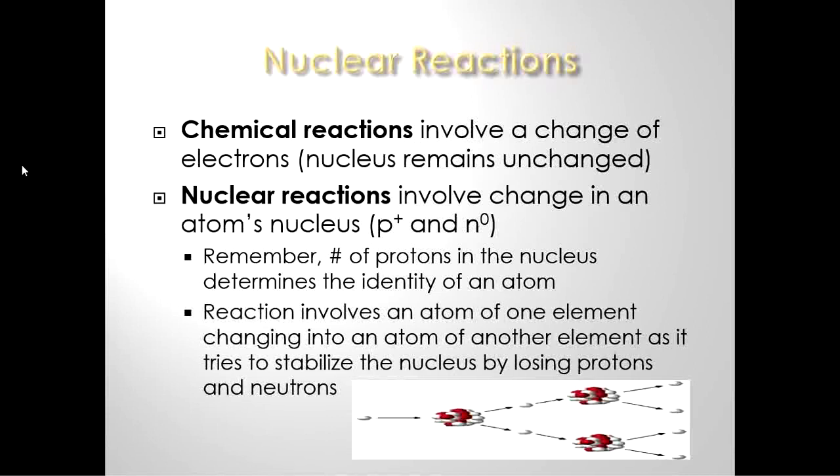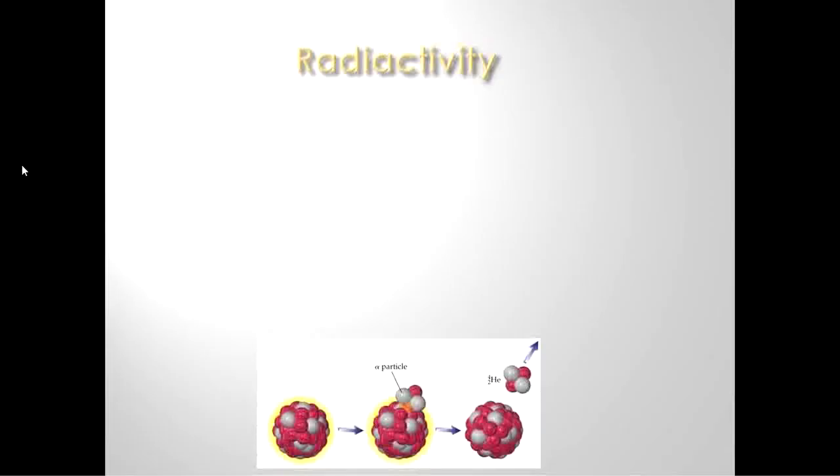And as these radioisotopes go through these nuclear reactions, the nucleus changes, meaning that the number of protons will also change. So what's going to happen if the number of protons change? That means the element itself will change. And we'll talk more about that later on in this video.